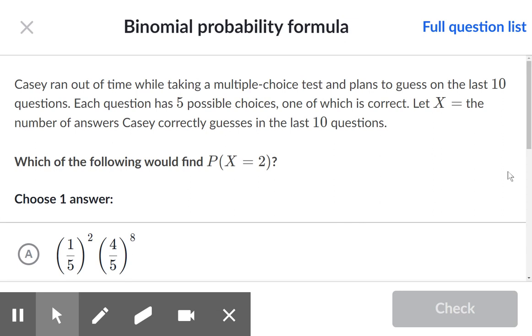So, a blank page. First of all, the formula.